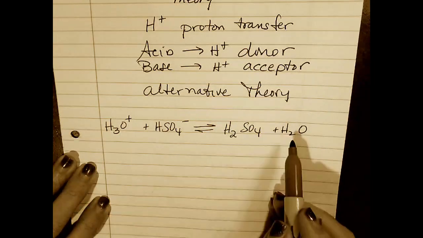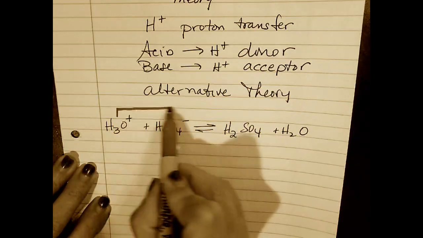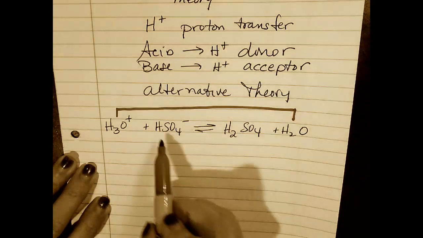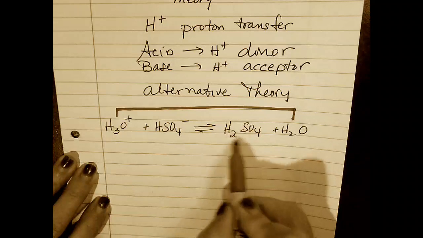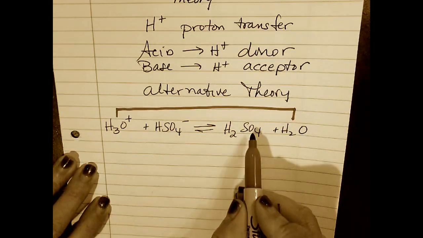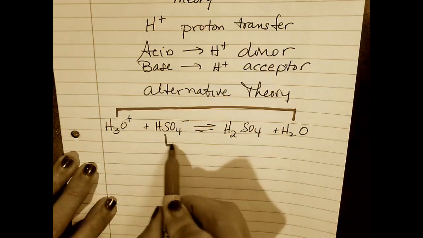They differ by one hydrogen ion. So I'm going to link them. Do you see how HSO4 minus and H2SO4 are similar across the arrow? They differ by one H. So I'm going to link them.